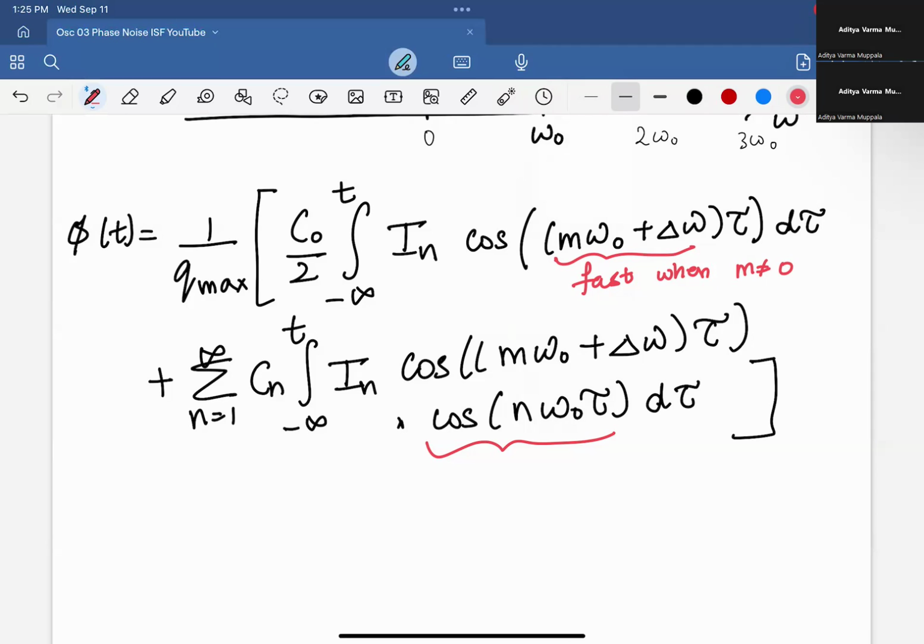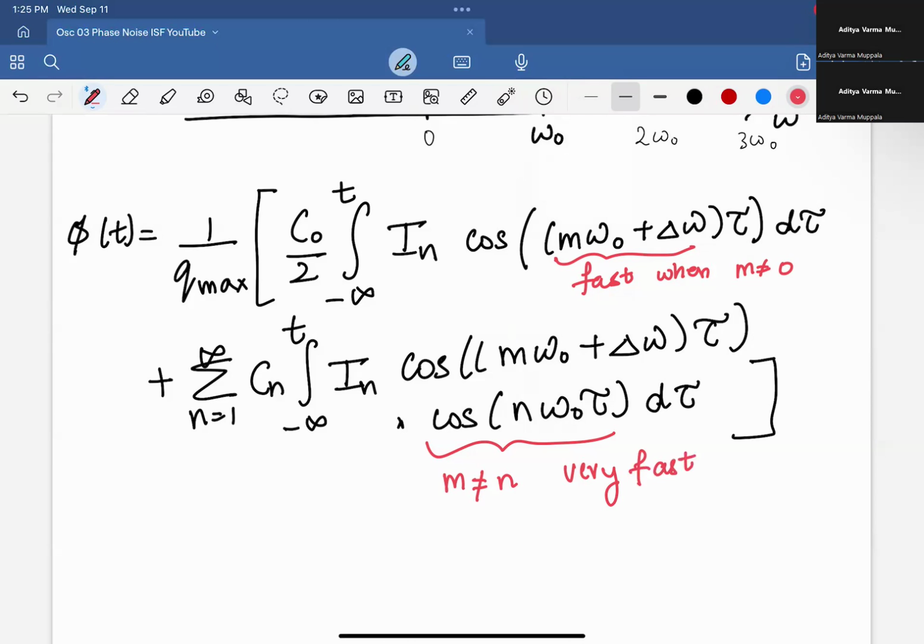Okay, why can we ignore the high frequency terms? I haven't got to that yet, but let's just assume the sum term is a very high frequency term. And the difference term, when m is not equal to n, is again very fast.